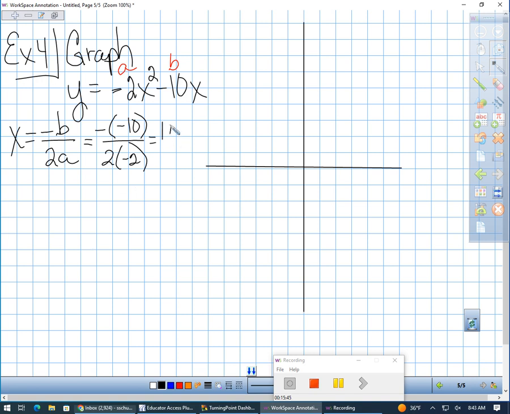So that gives me 10 over negative 4, or x equals what? Yes, negative 2.5. So over here, I'm going to do my axis of symmetry. Go over here, negative 2.5. So right about in here. So I'm going to go a dotted line down the middle of my boxes at negative 2.5.